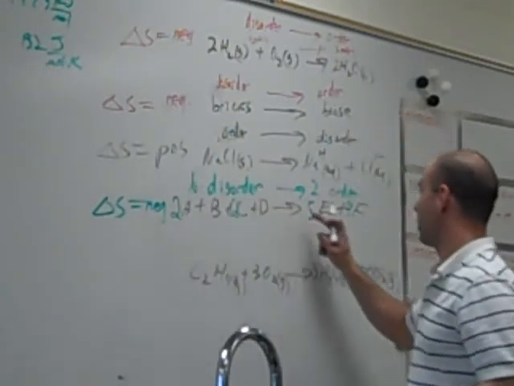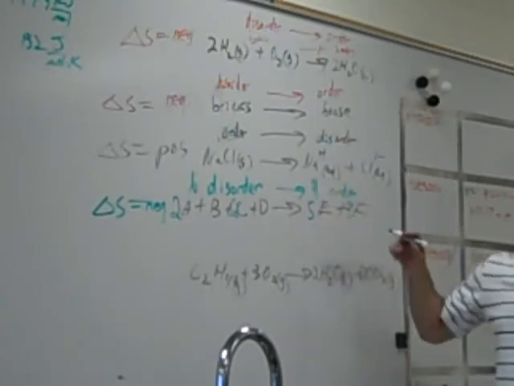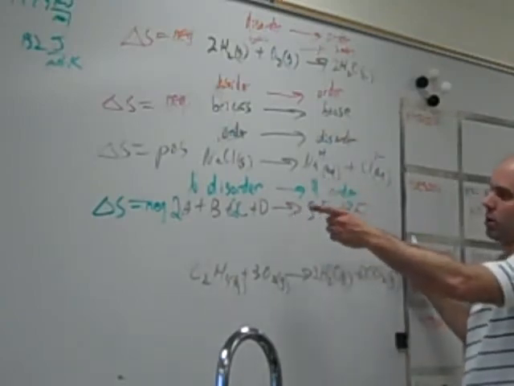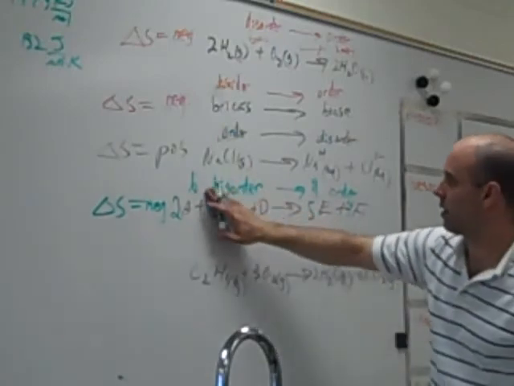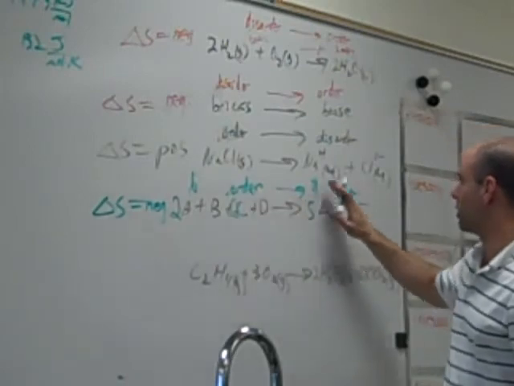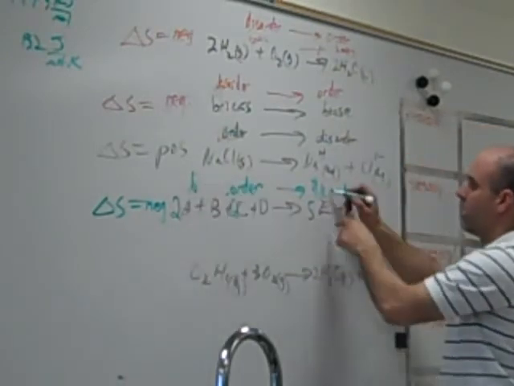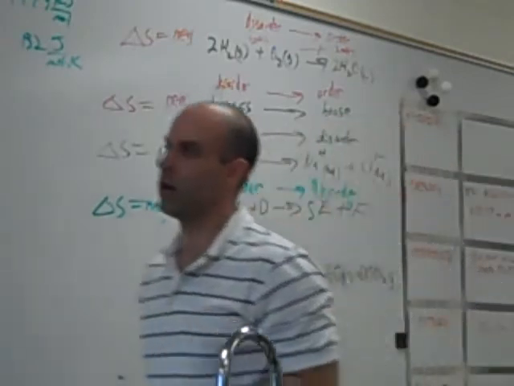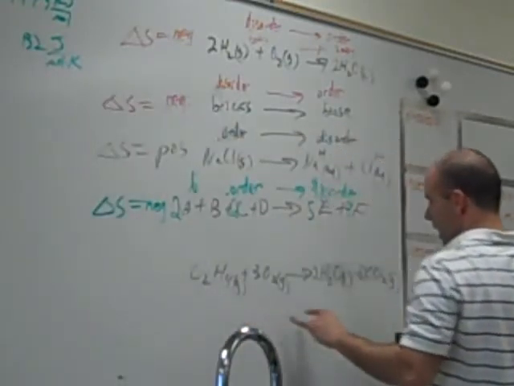And how many moles do I have on this side? 9. So now I'd be going from order to disorder, because I've got fewer things breaking apart into more things. This is delta S.